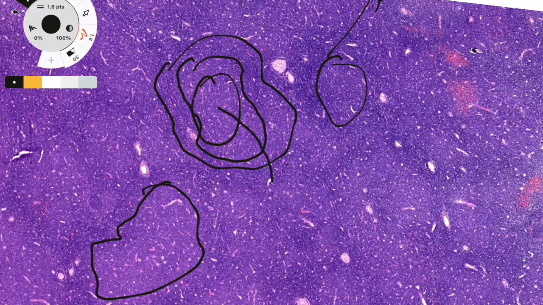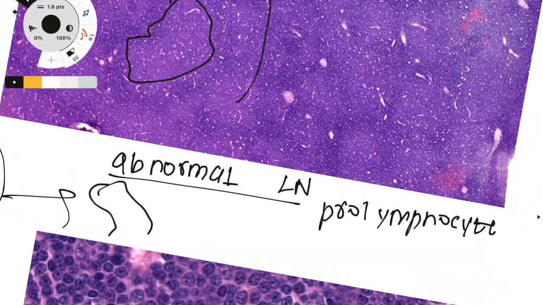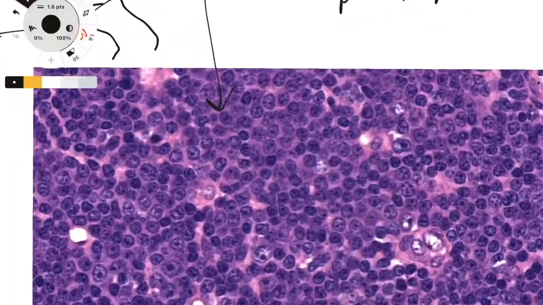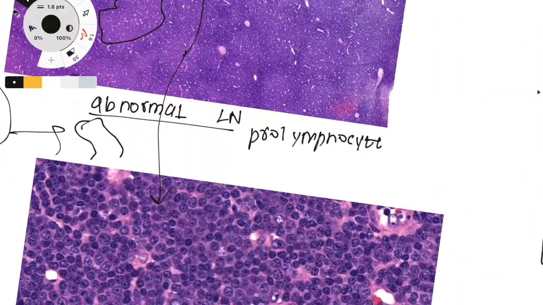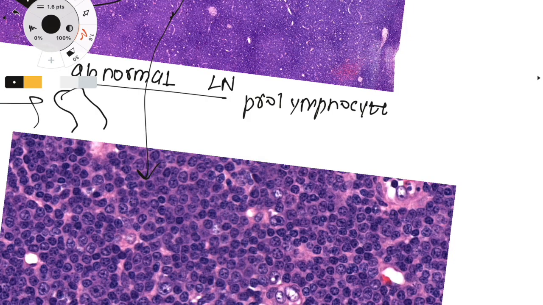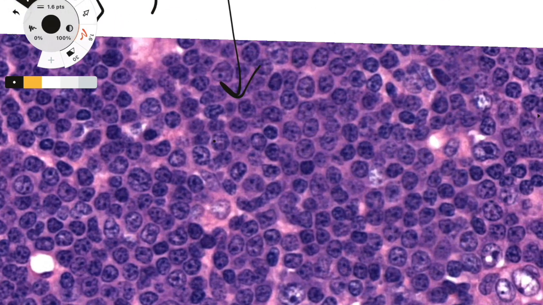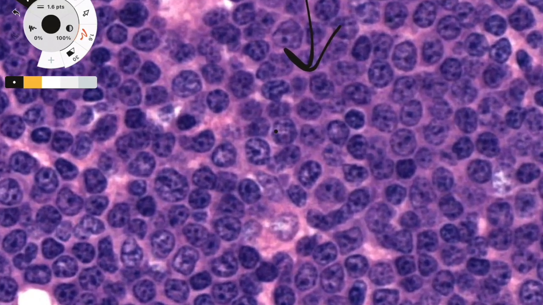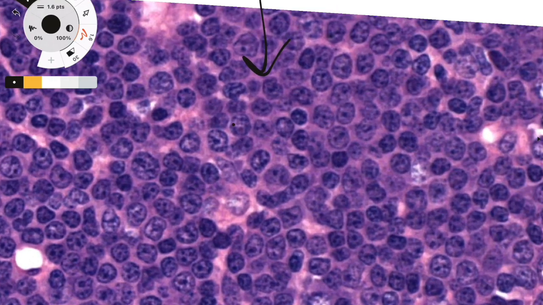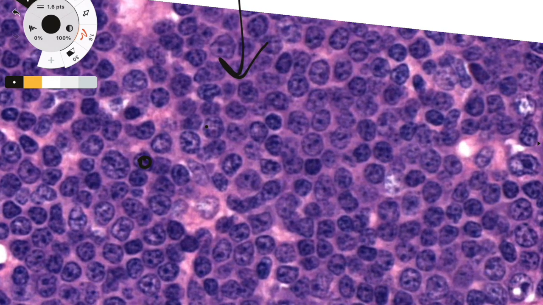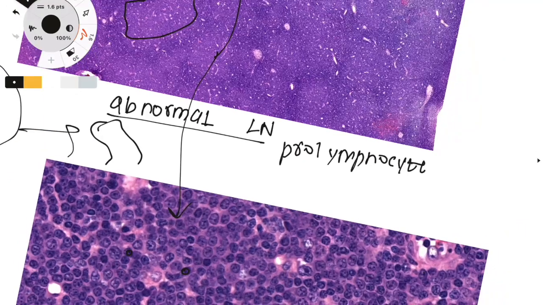And you see, if I zoom into this lighter area here, then I get this. These are all prolymphocytes. You see, the chromatin is vesicular, and you can see a centrally placed nucleolus. Let me mark it out here, a centrally placed nucleolus. So yes, these are prolymphocytes, and they have vesicular chromatin and 1 or 2 nucleoli.